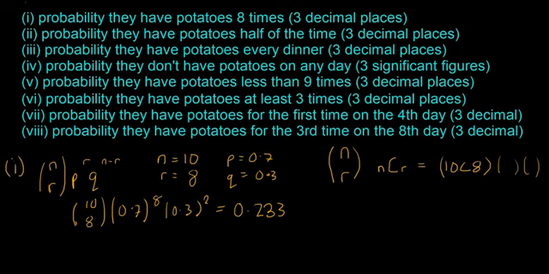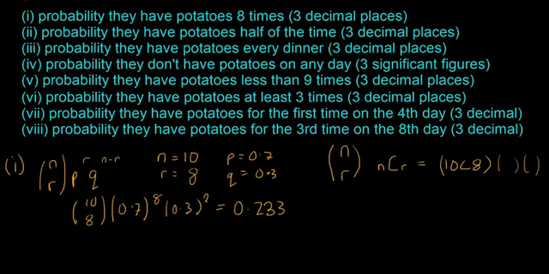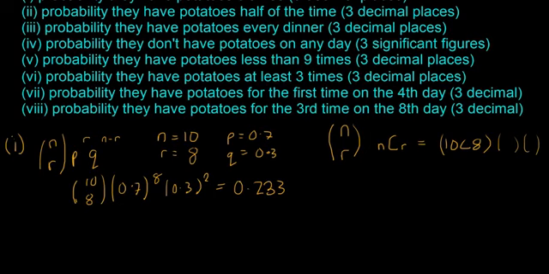Okay, now we'll move on to part 2, where they have potatoes half of the time. It's the same formula. In this case, n is still equal to 10, and r this time is only equal to 5, so only 5 successes.